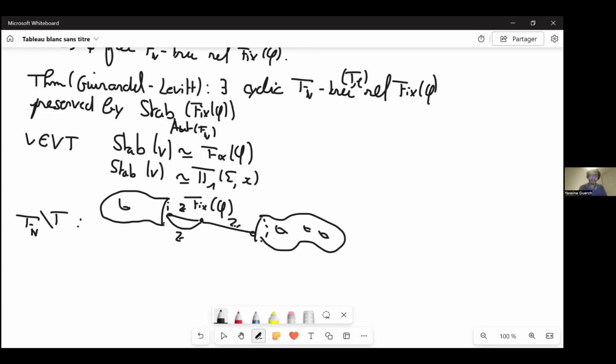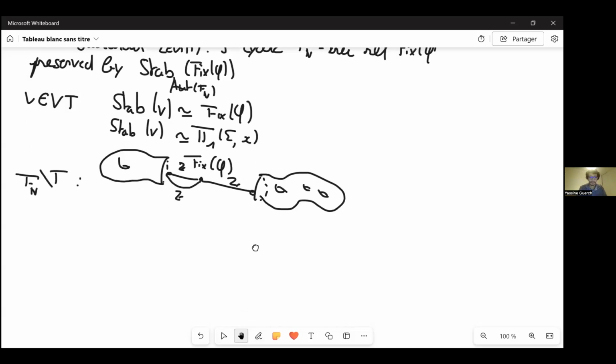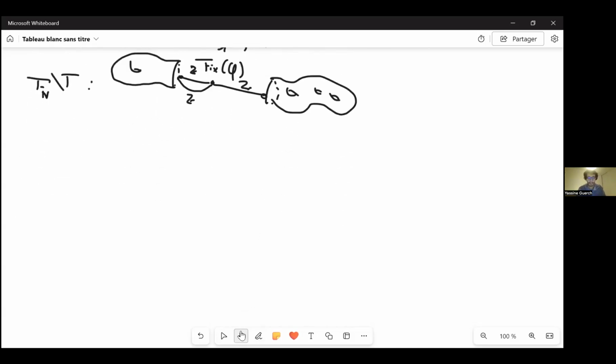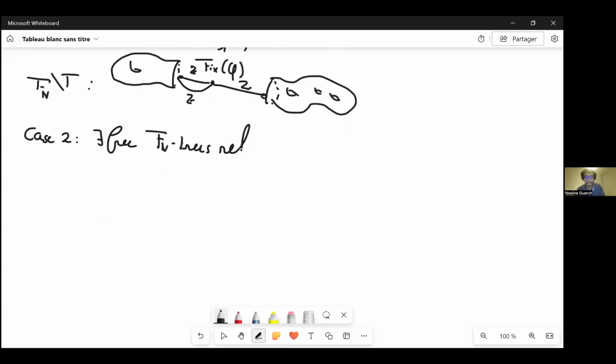So you see that the most difficult case is case 2, where there exist free Fn trees relative to Fix(phi).